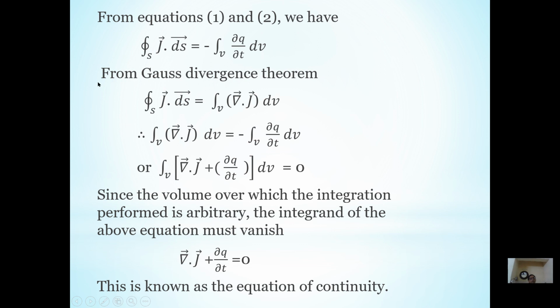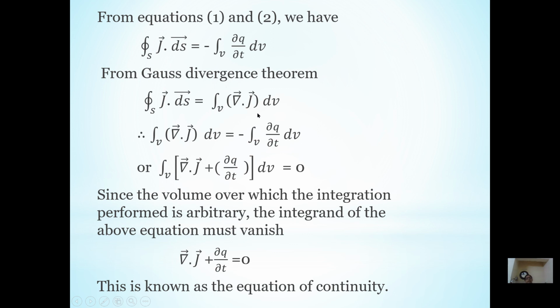Now you have already studied the Gauss divergence theorem. From the Gauss divergence theorem, we can write a surface integral in terms of a volume integral. How? If we consider the surface integral of a vector field, that is J, then it is equal to the volume integral of the divergence of that vector field, that is div J dV. This is how we equate the surface integral and volume integral.